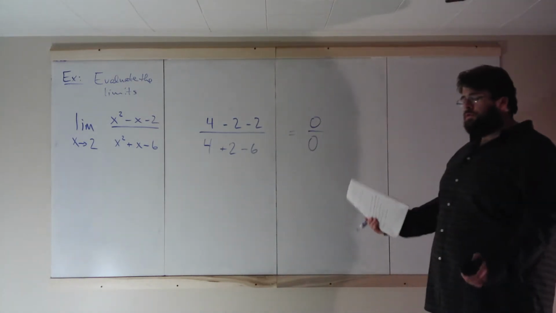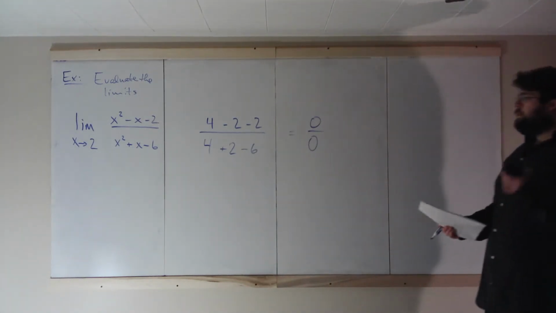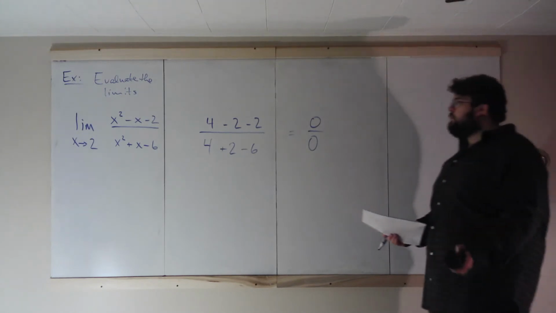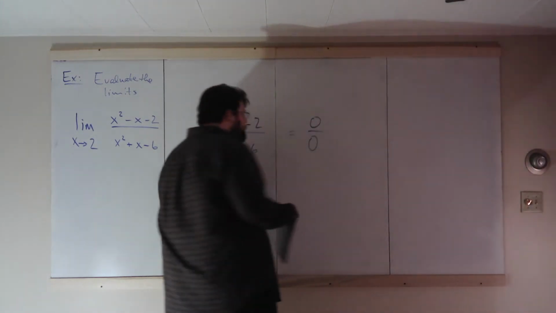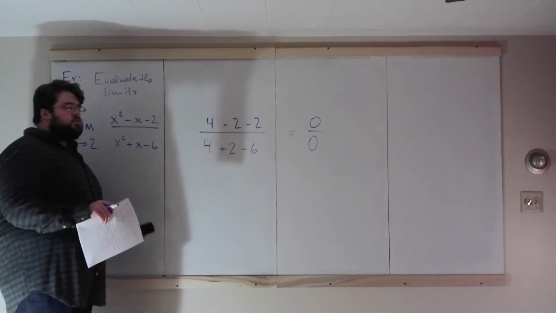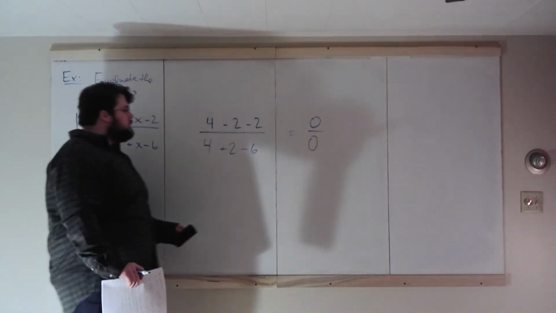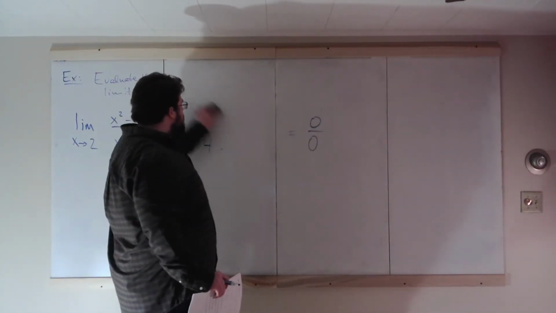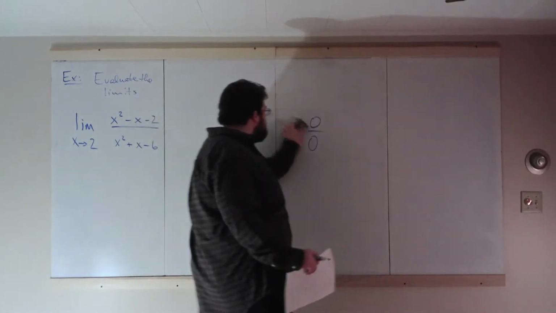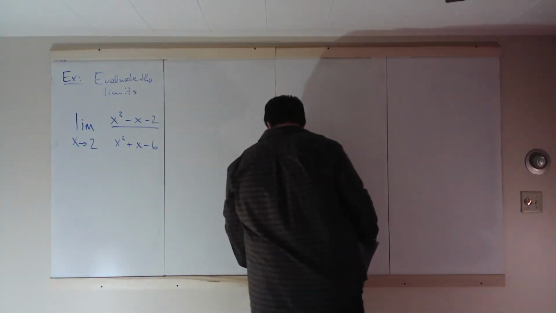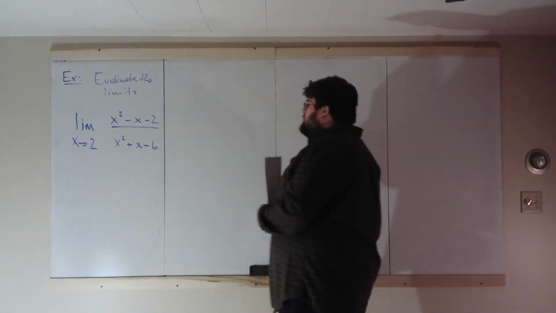But once you do a substitution and you get 0 over 0, well, case 3 said, do algebra until the 0 over 0 goes away, and you're in case 1 or 2. What does that all mean? Well, let's try doing some algebra. What can we do with this?